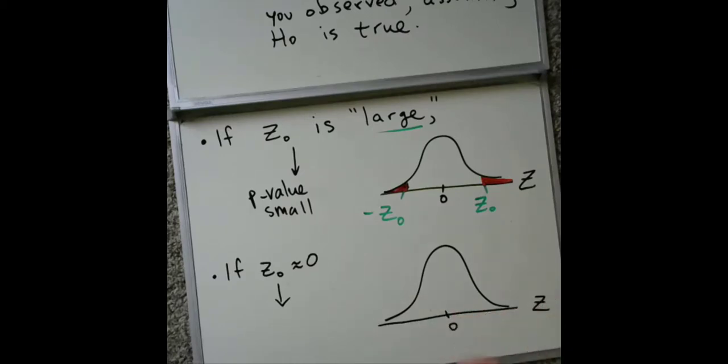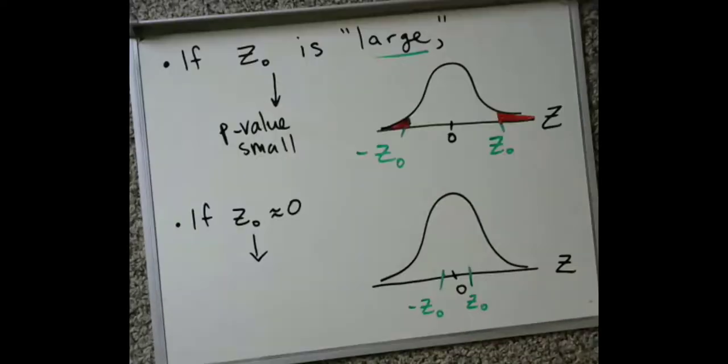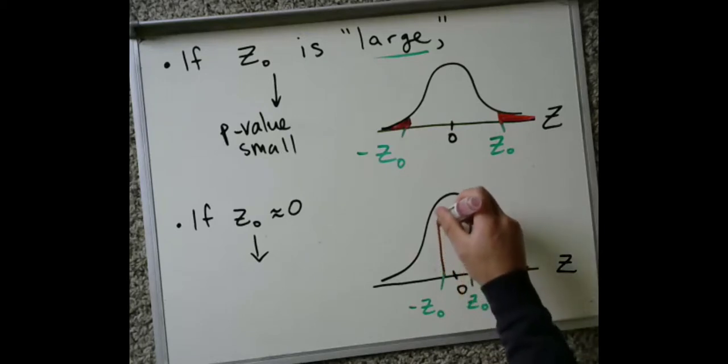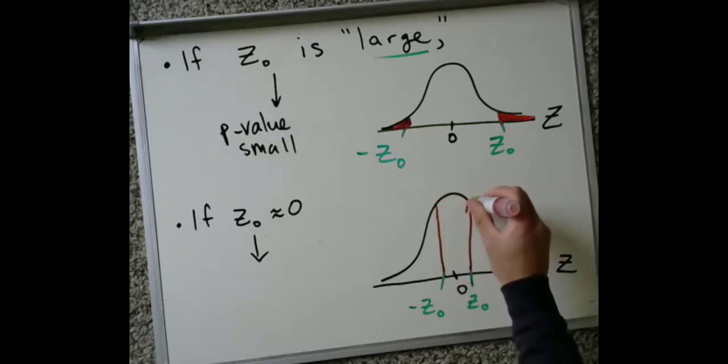What if you had a test statistic that was small, maybe somewhere near 0? Again, it could be positive, it could be negative. I'm doing both for the fun of it. If we had a test statistic near 0, the corresponding p-value would be quite large, yeah?